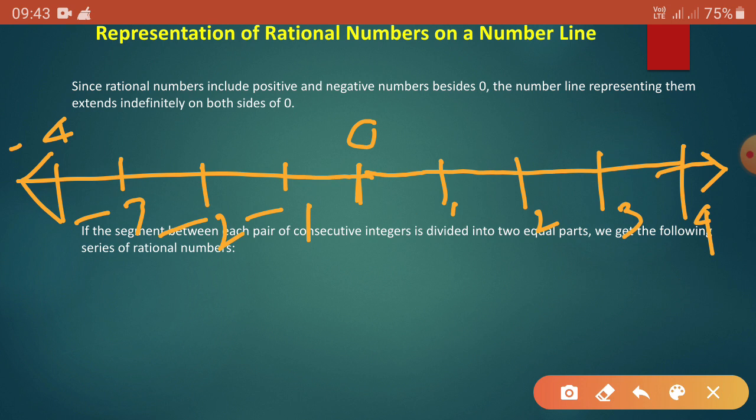So what is a number line? Basically, a number line is a line where we can represent rational numbers using the same length or unit length.